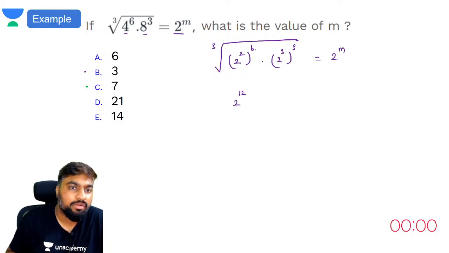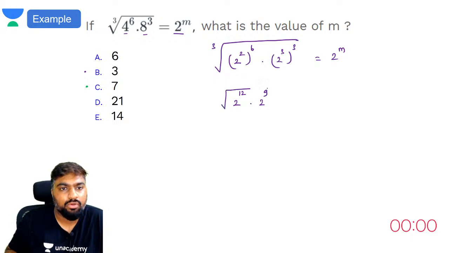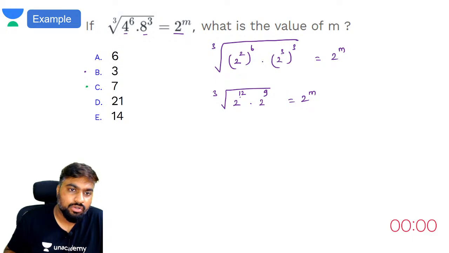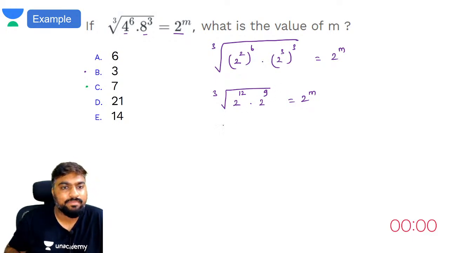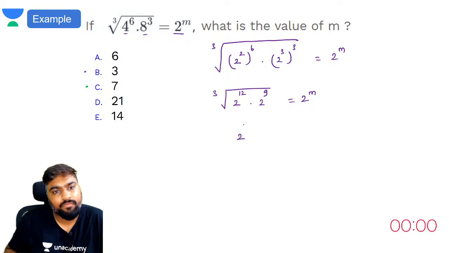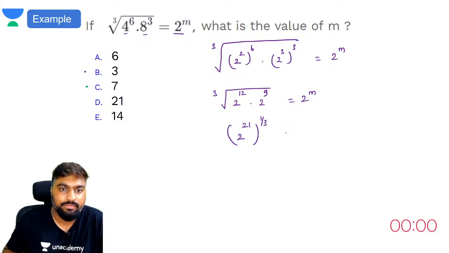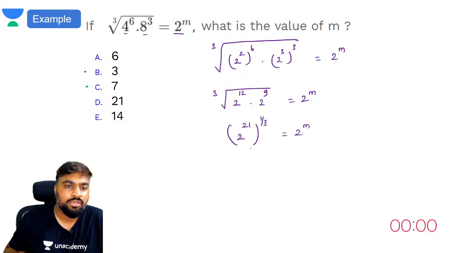A power m whole power n is a power m into n, so we get 2 to the power 12 into 2 to the power 9, whole root, equal to 2 power m. If I multiply this, 2 power 12 into 2 power 9 is basically 2 power 21, correct? This is raised to the power 1 by 3 because cube root is 1 by 3. So now what do you get?